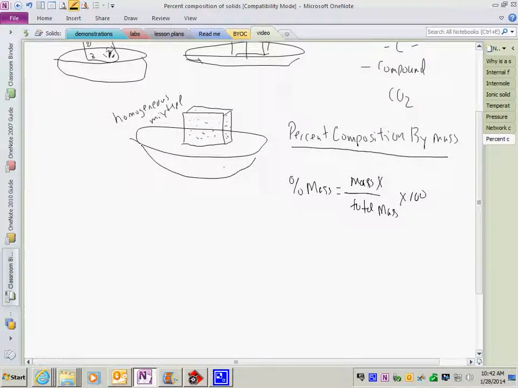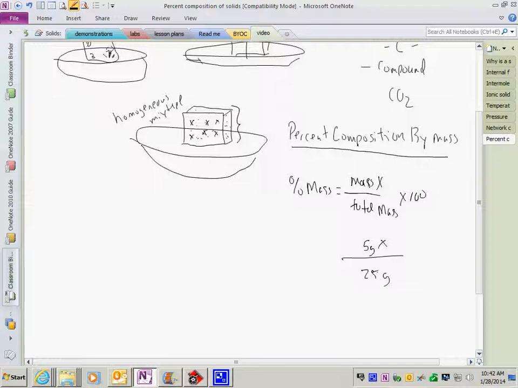So this is a linear proportion based off 100. X would be the mass of this stuff inside here, and total mass would be the entire mass of the entire substance. For example, let's say that you mix 5 grams of X, and the total substance weighs 25 grams.